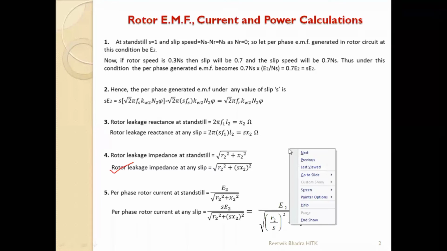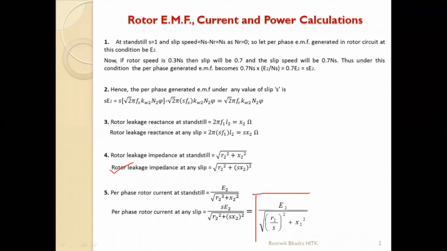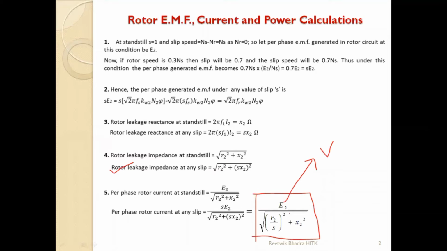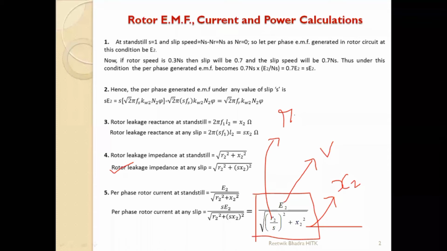Now, please follow my words. Can I say from this formula, in the rotor circuit, what is my voltage? E2. There is an inductor also in the rotor circuit, that is X2. And there is a resistance also, that is R2 by S, dependent on slip.